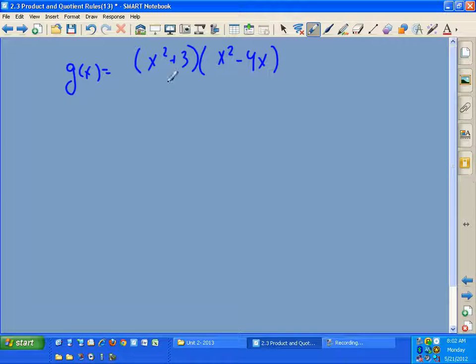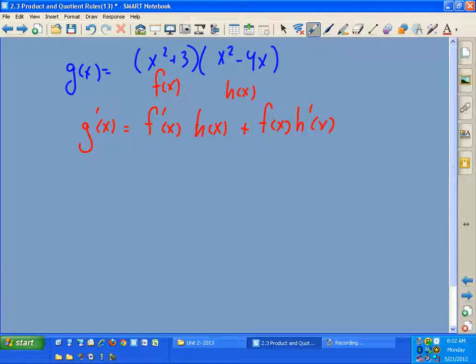I'm going to call the first one f of x and this one h of x, so we're not confused. If I take the derivative of the g of x function, the original function, then I take the derivative of f of x times h of x and add on f of x times h prime of x. So that's what I'm doing, following my product rule.